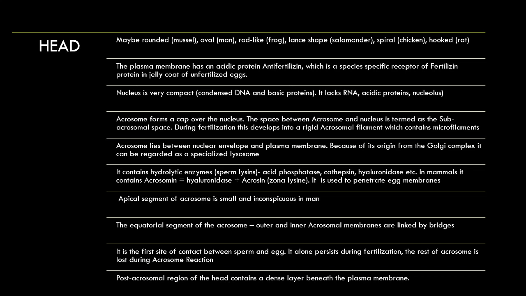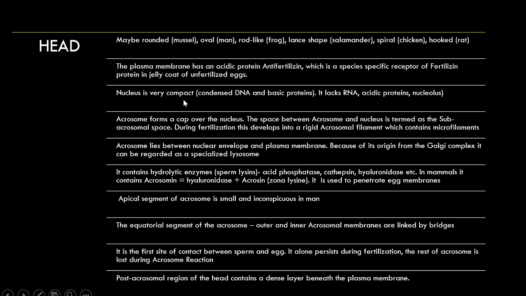This is a species-specific protein receptor of fertilizin protein, which is present in the jelly coat of unfertilized eggs. So anti-fertilizin is present in the sperms, while fertilizin is present in the eggs, and both of these fuse with each other during fertilization. They help the sperms to bind only with the eggs of its own species.